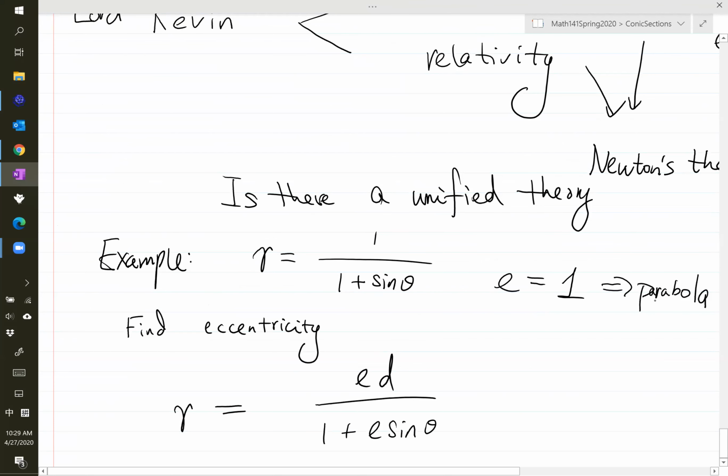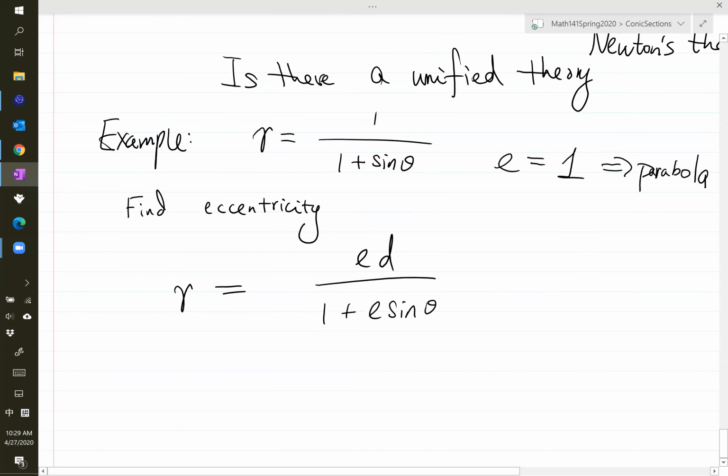This curve is a parabola. Now, given the equation, find the equation of the directrix.